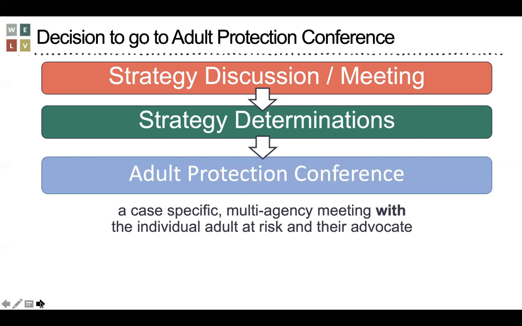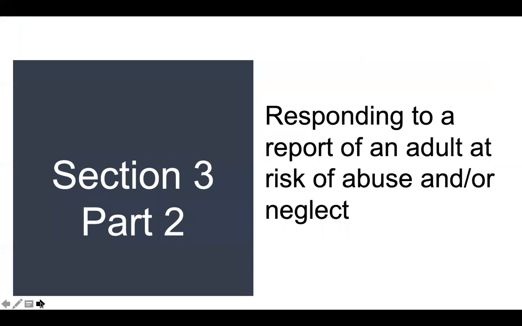The difference this time is that this meeting will involve the individual adult at risk and their advocate if appropriate. Section 3, Part 2 goes on to explore and identify and determine the arrangements that are in place around the adult protection, care and support plan and the conference arrangements.